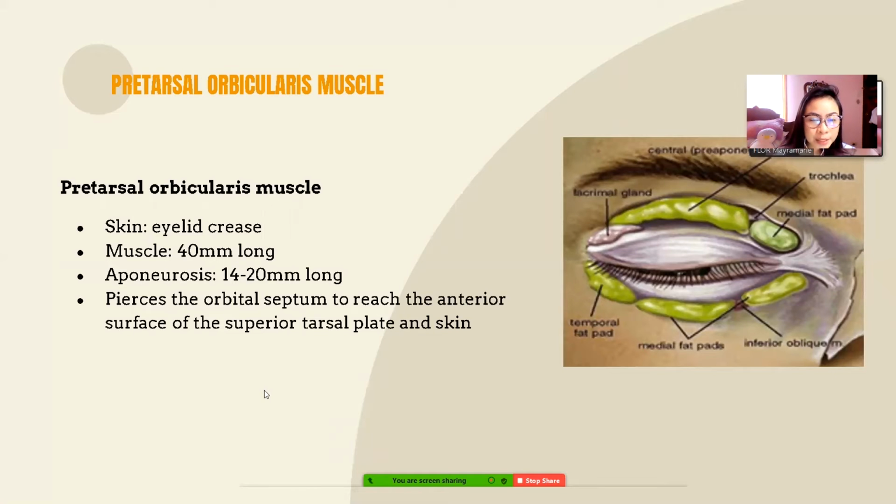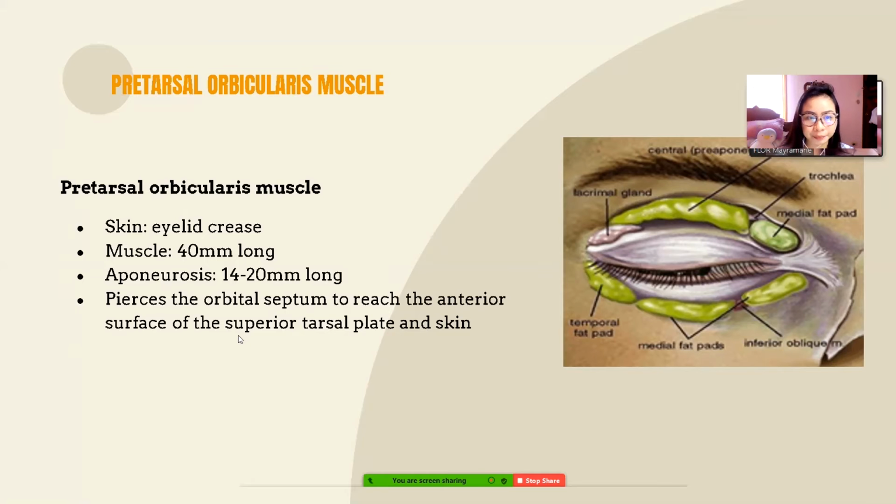The pretarsal orbicularis muscle, or the skin of the eyelid crease, has a size of 40 mm long, and the aponeurosis is 14 to 20 mm long, and it pierces the orbital septum to reach the anterior surface of the superior tarsal plate and skin.